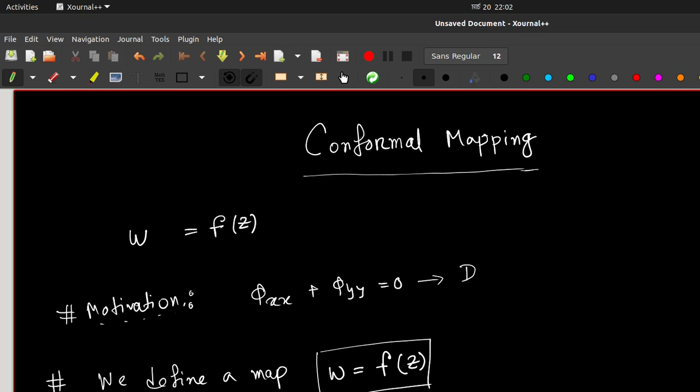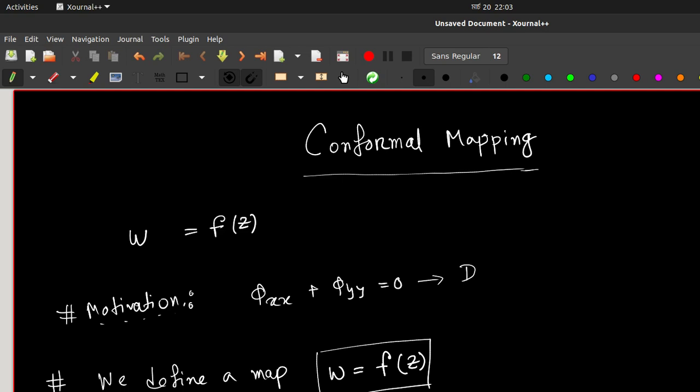So this f of z is analytic and non-constant in a domain D of the z plane, or the complex z plane, whatever you want to call it.